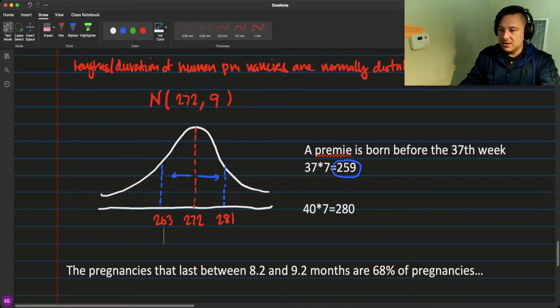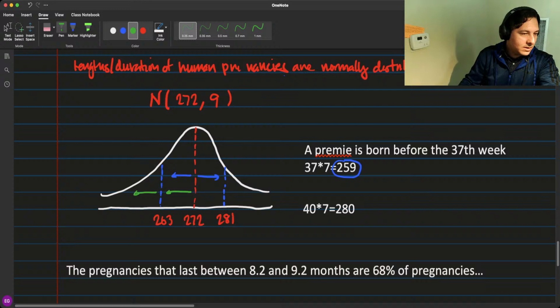Okay, so we've got 1 standard deviation. Let's go 2 standard deviations, so if you keep going to the left and to the right. You take 281, you add 9, you get 290 days. If you take 263 and subtract 9, you get 254 days.